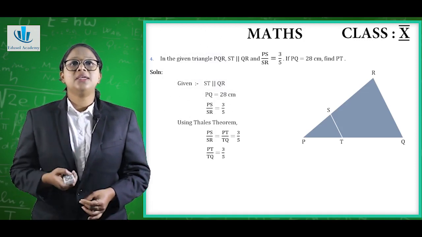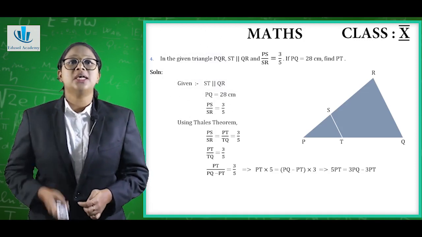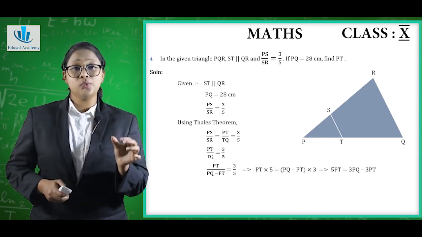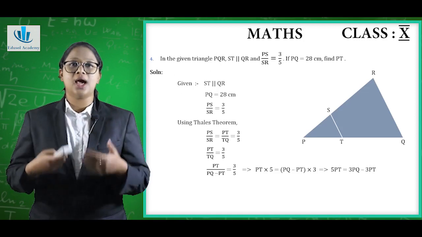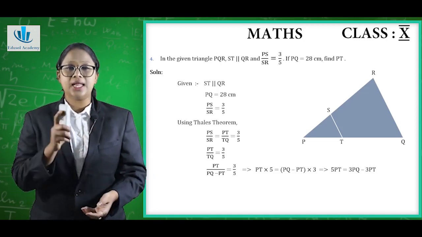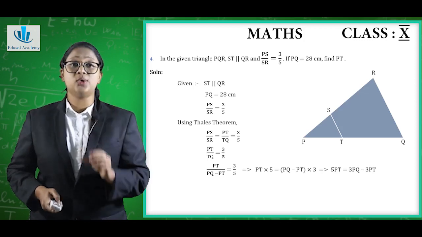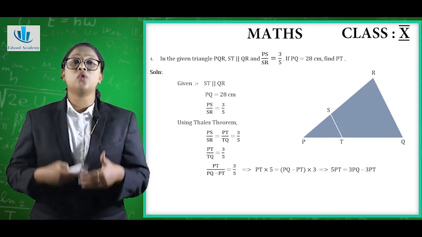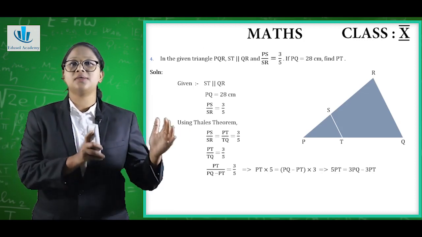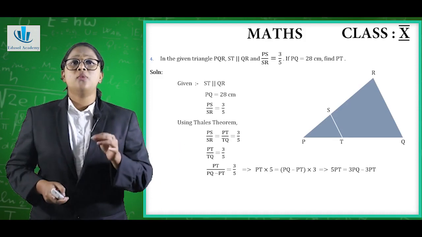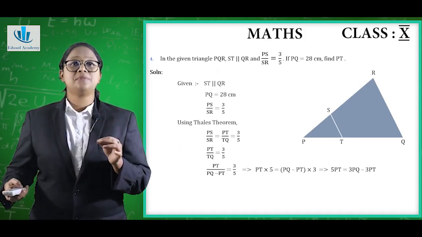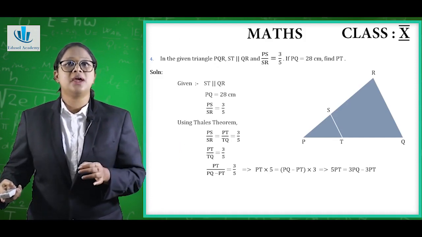Now TQ in the denominator can be represented as PQ minus PT. I'll repeat that. PT by TQ is 3 by 5, and the part TQ can be represented as the whole thing PQ minus a part PT. So we'll get the equation PT by PQ minus PT is equal to 3 by 5.